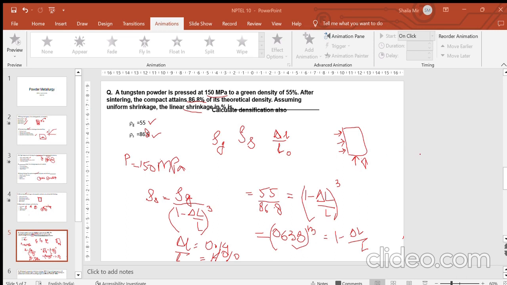So what is the densification? That is 0.7. Is it right? Okay. So now this is clear. So can we move to the next question? I think we can go to the next question now.